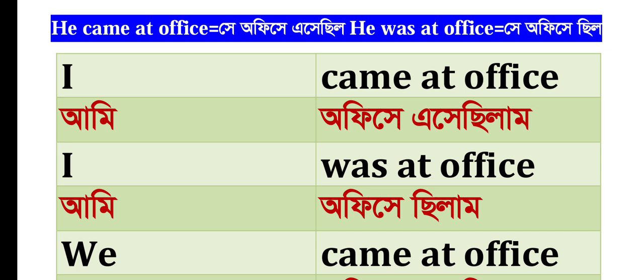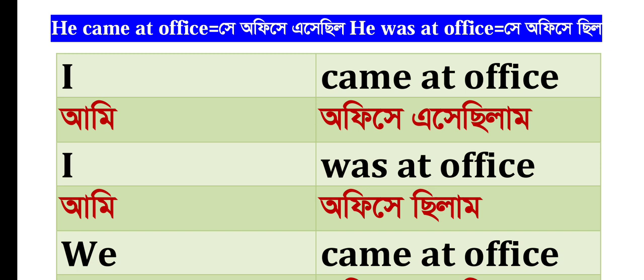Such as go, which has the past form went; come, past form came; you went, came, took, brought, bought, sold. This is the past form of do verb.